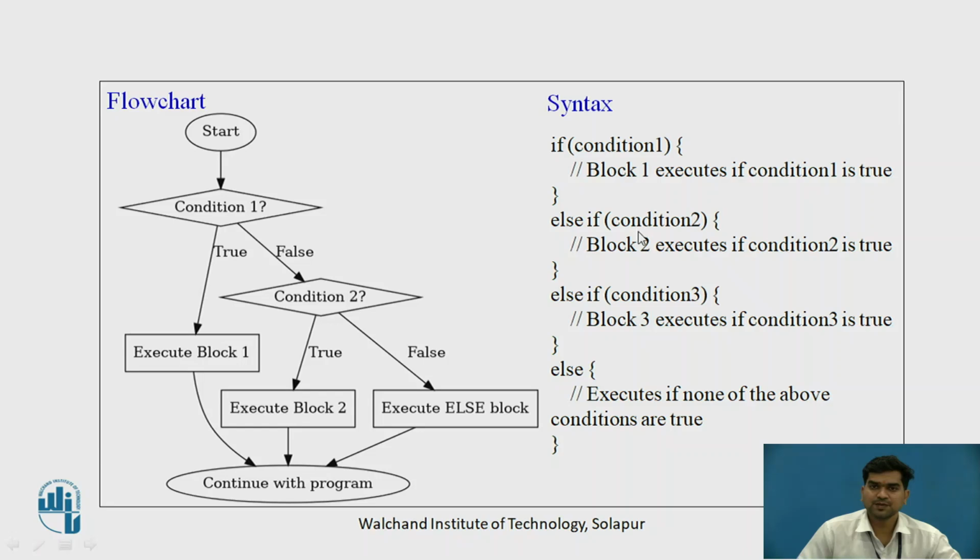If it is also not satisfied, we go on to check condition number 3, and if that is satisfied, it executes. If none of these 3 conditions is satisfied, the else block gets executed. So we can use multiple conditions in this case, that is the ladder if else condition statement. Such a thing does not occur in the if and the if else statements. So these are the basic syntax for the ladder if else statement.